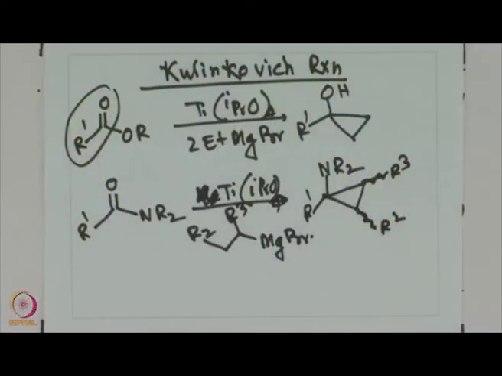These 3-membered titanosin intermediates can then react with ester or amide to give the alcohol or amine substitution on the cyclopropane ring. Let us look at the mechanism, which is, as you can expect, quite simple, involving titanium cyclopropane ring formation reactions.